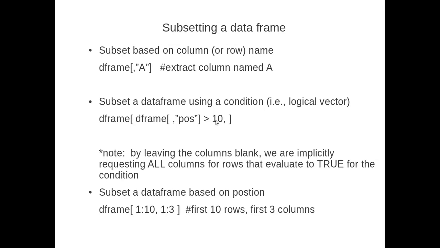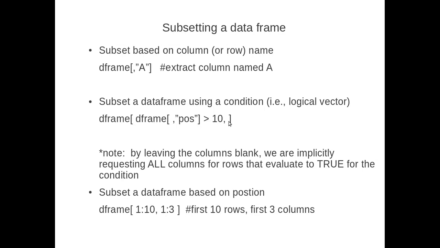So we're passing in a logical vector to this sort of subsetting or indexing operation we're doing, and notice the comma. So what we're saying is we want rows here that evaluate to true, right? And given that we developed our conditional operator based upon the positions column, that means that we'll be extracting all rows in which the positions column is greater than 10.